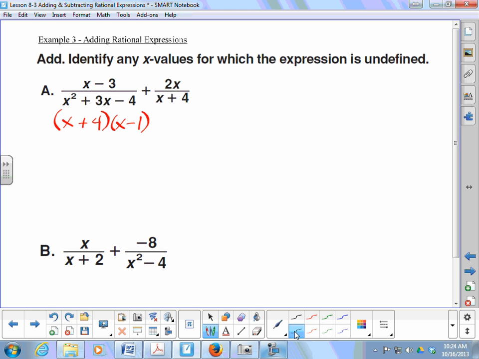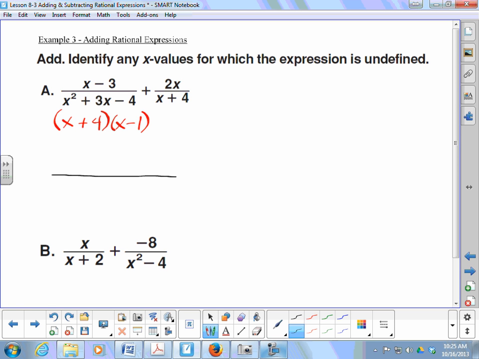So now I'm going to put a fraction bar. And in the bottom of my fraction bar, in the denominator, I'm going to list all the different factors from my denominators. Okay? So, Austin, how many different factors are there in my denominators?